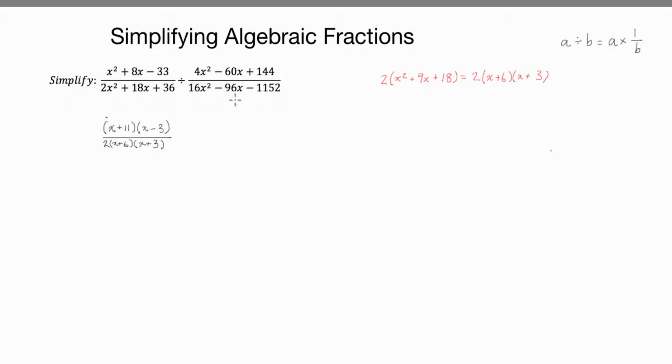So with this, we're going to factorise each of these, but this numerator is going to go on the denominator, and the denominator is going to become the numerator, and we're going to multiply it.